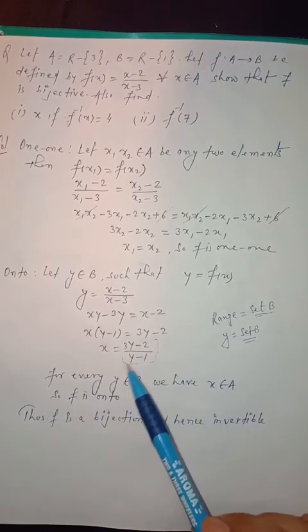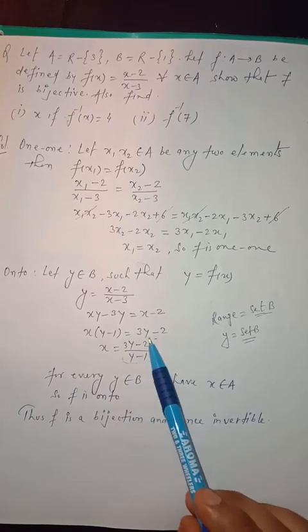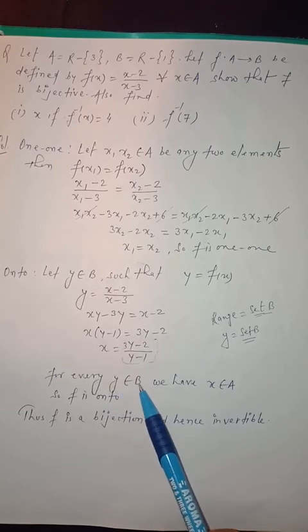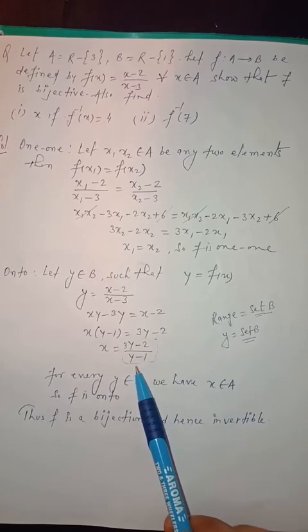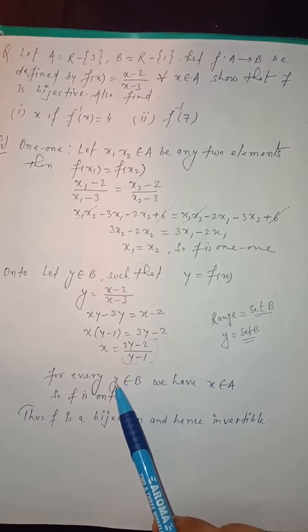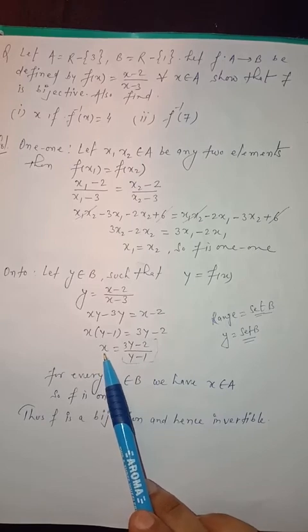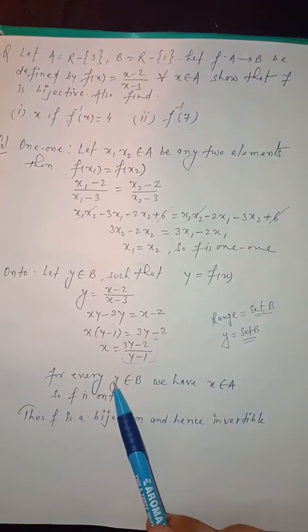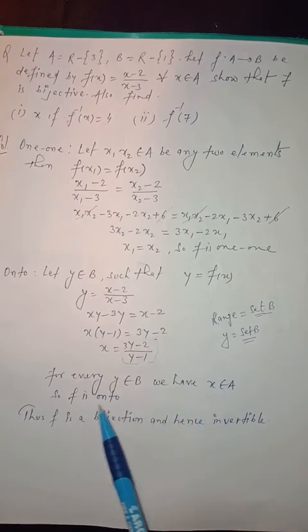It means here the value of y must be equal to set B, meaning we can put any value of y here except 1. It means we are saying for every y which belongs to set B, we have x belongs to A. When we are taking all the values of y from set B, we always get a particular value of x, and this x is from set A. So the range is equal to set B, hence this function is onto.